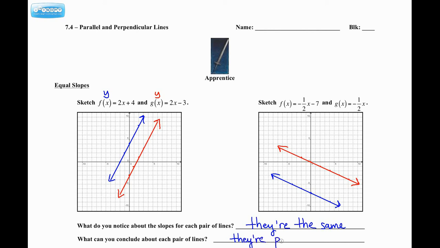They're parallel. They'll never cross. The distance between these two lines will never change. It will never increase or decrease. So in a nutshell, whenever you have two straight lines, if their slopes are the same, and of course they have different y-intercepts, then they are parallel.